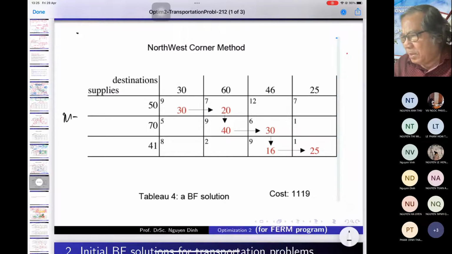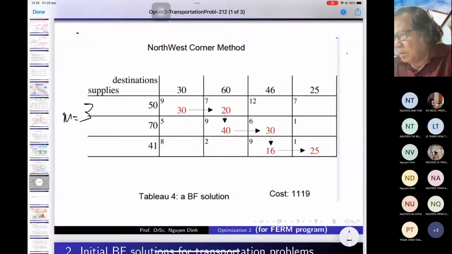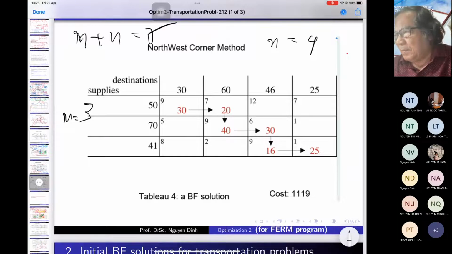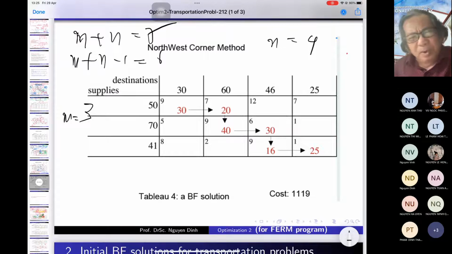You have M is 3 and N is 4. So M plus N is 7. So M plus N minus 1 is 6. And the set of all selected cells here is 1, 2, 3, 4, 5, 6. Is that okay?